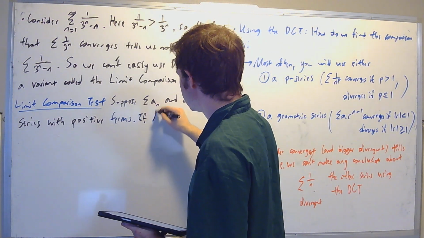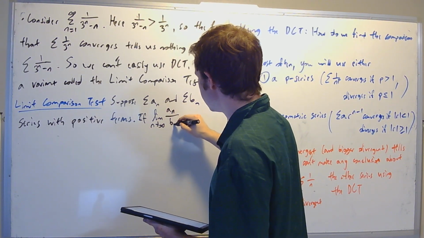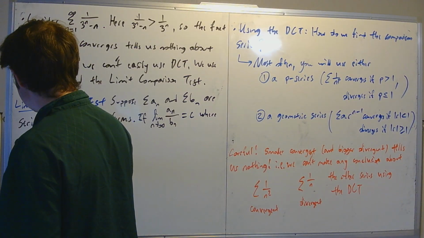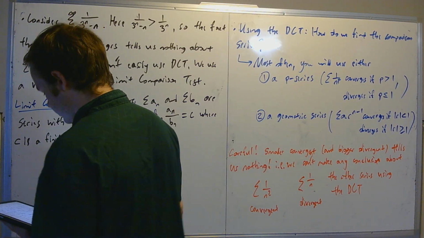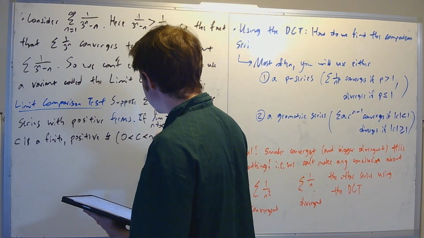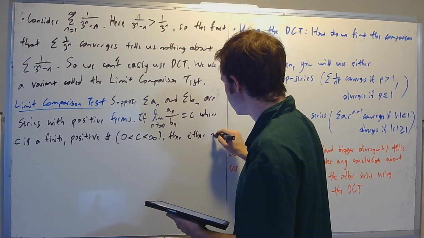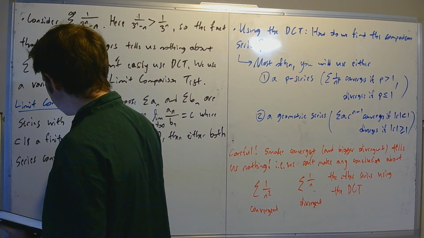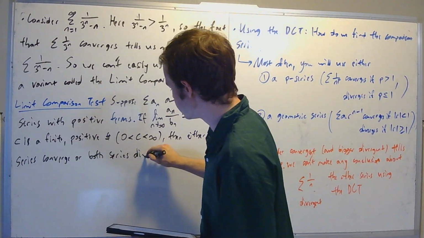If the limit as n goes to infinity of an over bn is equal to c, where c is a finite positive number, meaning that 0 is less than c is less than infinity, then either both series converge or both series diverge.